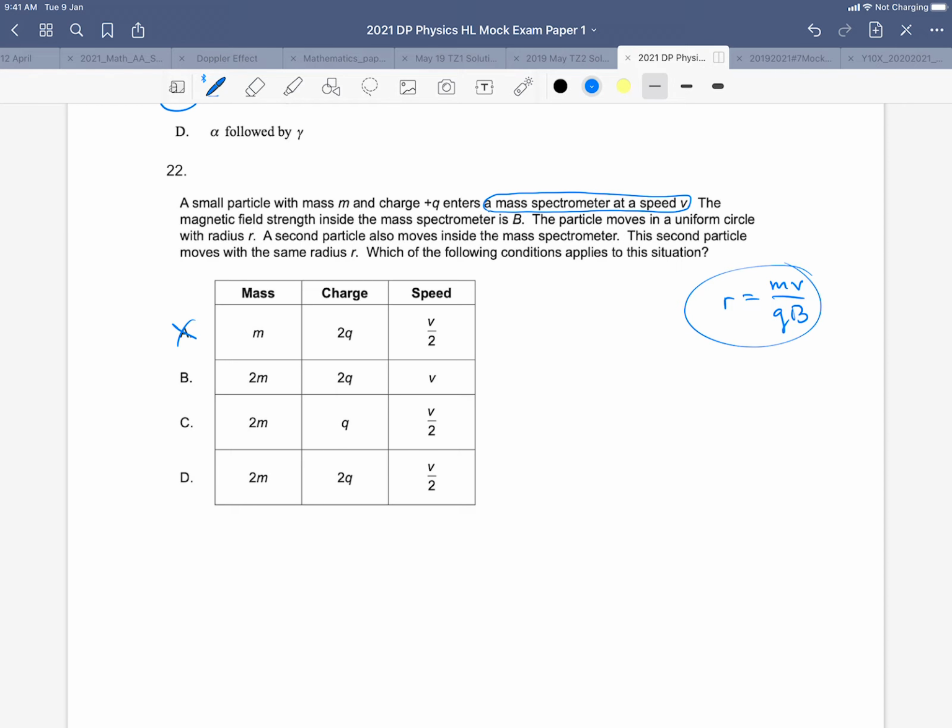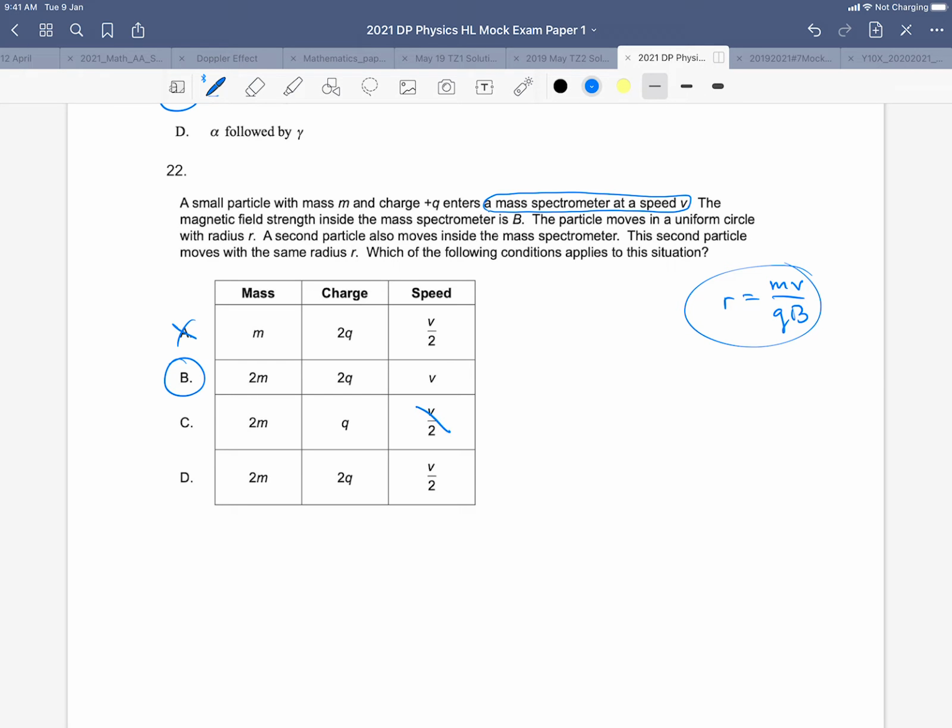But then B, if I have twice the mass and twice the charge, well, mass is in the numerator, charge in the denominator, so the 2's cancel out. Same speed, well, that seems to work for sure. And then we could just move on. But then maybe you would notice that C seems to work as well. You've got the 2m, twice the mass but half the speed, and then you kind of get the same radius.